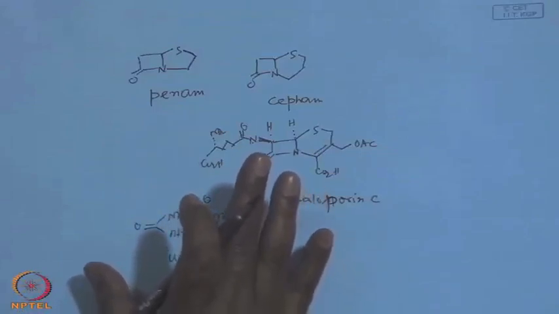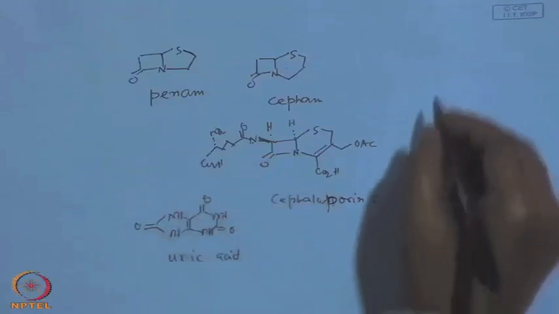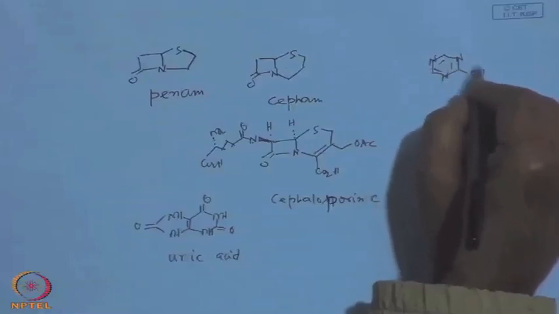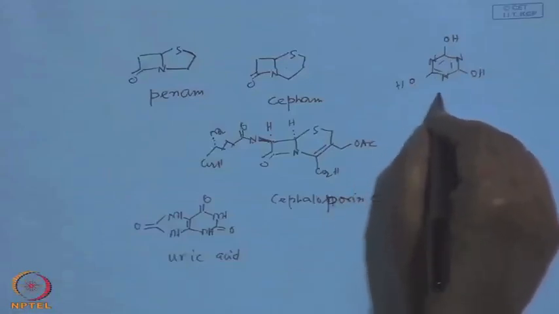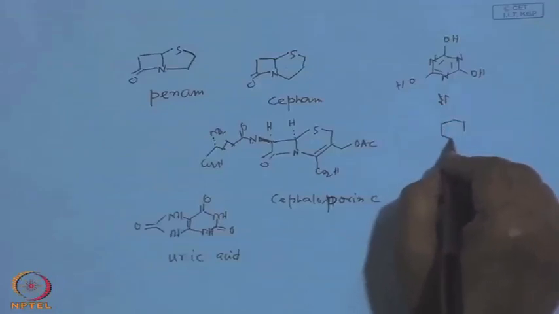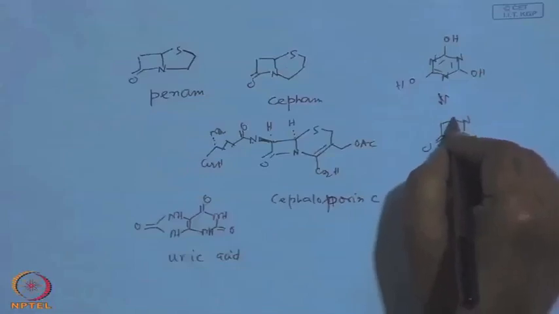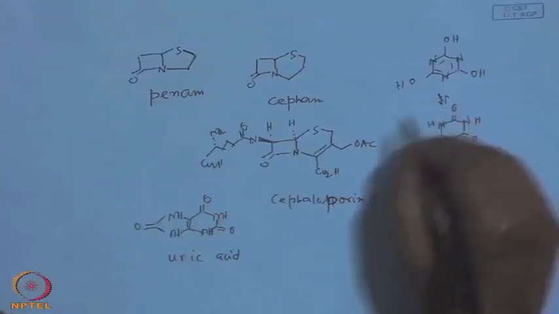And similarly there are other keto compounds. For example, this is quite well known. It is a 6 membered ring again, with 3 nitrogens. It is highly symmetrical, having OH, and as you can see this is in equilibrium with a keto form. So you have NH, and NH, and then NH, and you have the carbonyl.